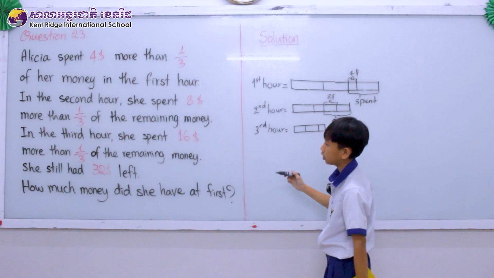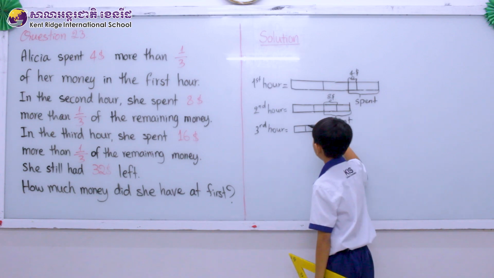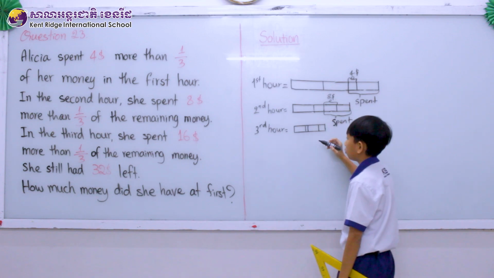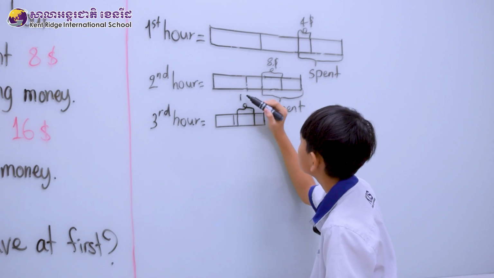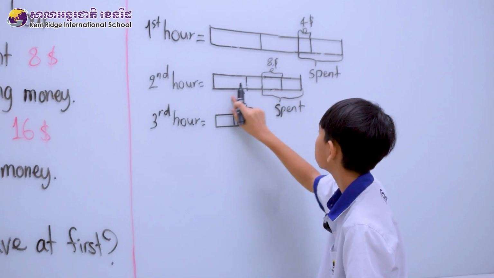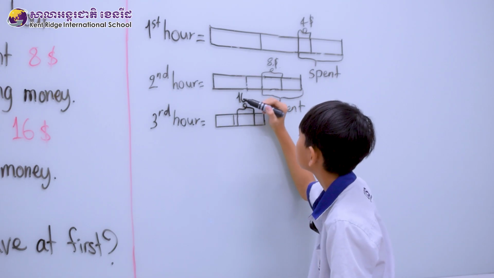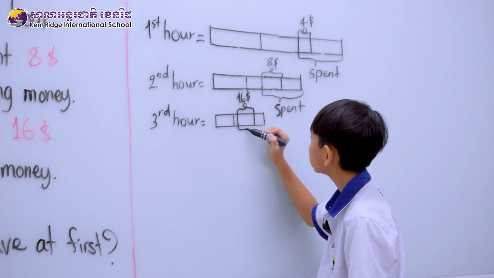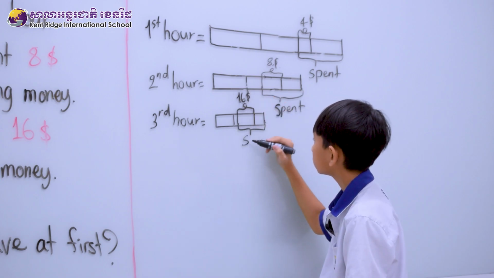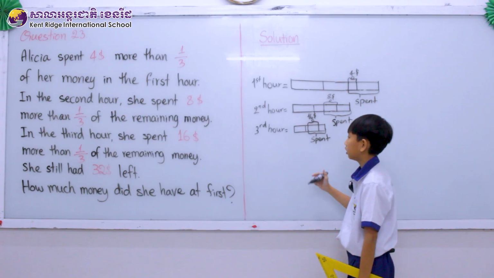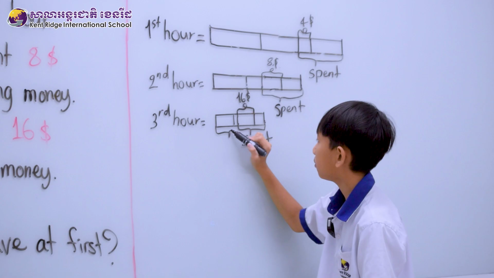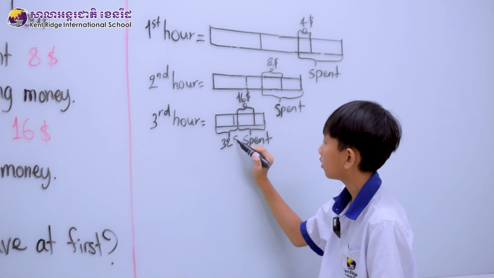They say in the third hour, she spent $16 more than 1/3 of the remaining money. And she still had $32 left. So this is how much money she still has left.